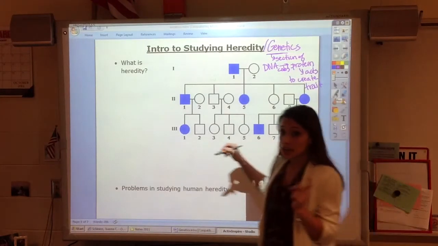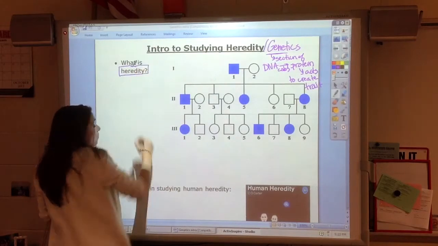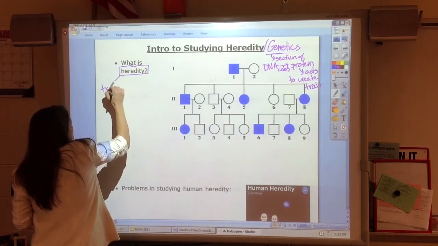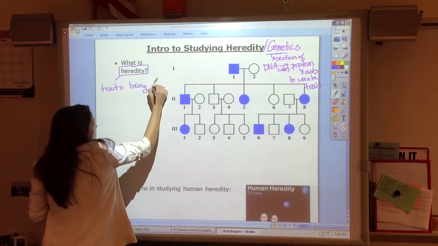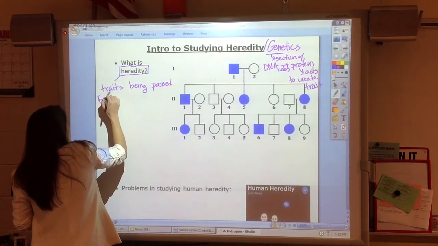What we did know very early on in history is that somehow we were inheriting, or somehow traits were being passed from parent to offspring.